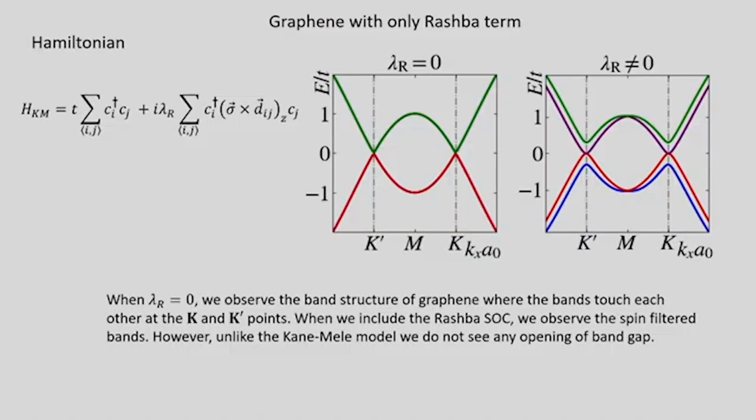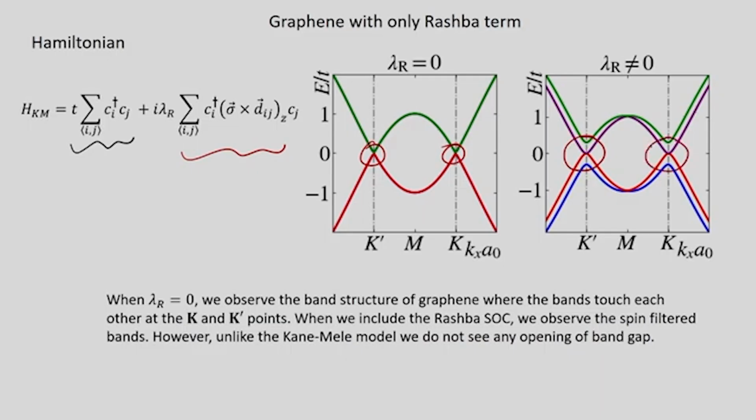Okay. So here we just show graphene only with the Rashba term, there is no Haldane term and so on. So you see that there is just the tight binding graphene, and this is the Rashba term. So you see this semi-metallic nature at the K and K prime points, where there is a band touching, because without a sigma V or the Haldane term, there will be no lifting of the gap.